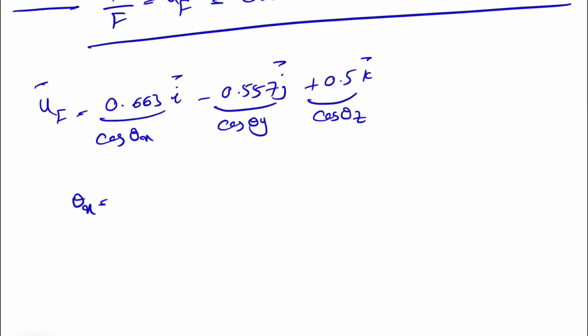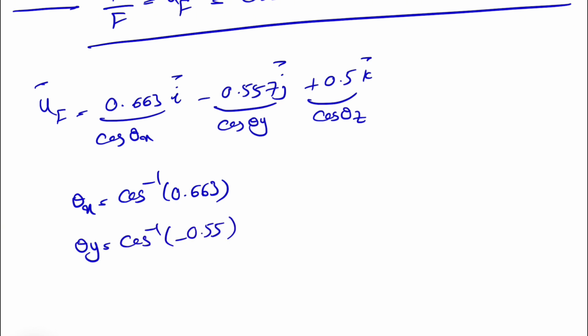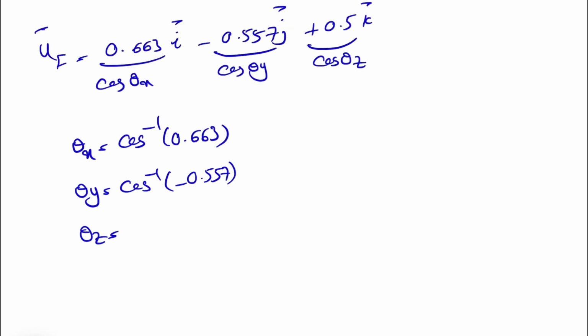So theta x would be cosine inverse of 0.663, theta y would be cosine inverse of minus 0.557, and theta z would be cosine inverse of 0.5. If we want to find these angles, we can find the direction angles for this part.